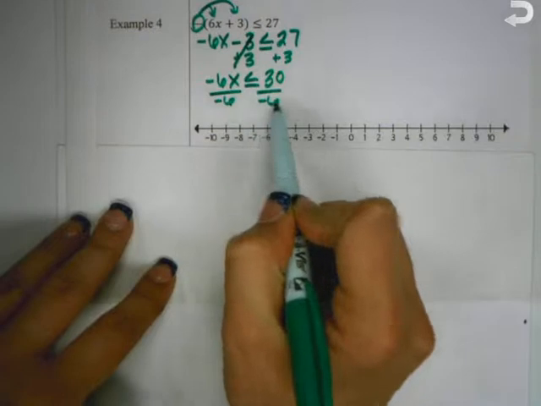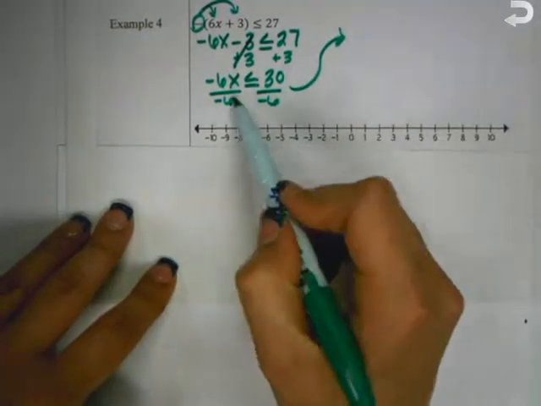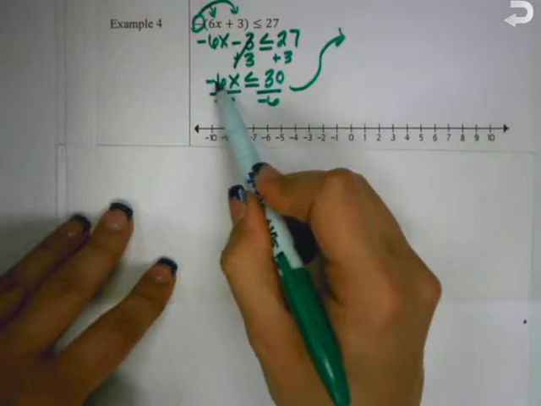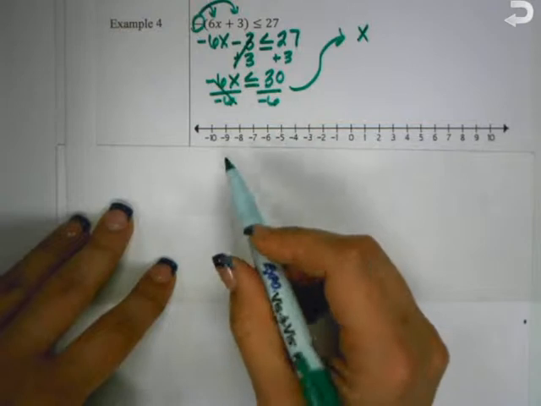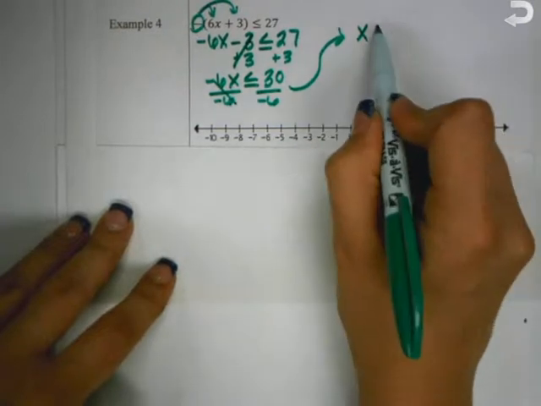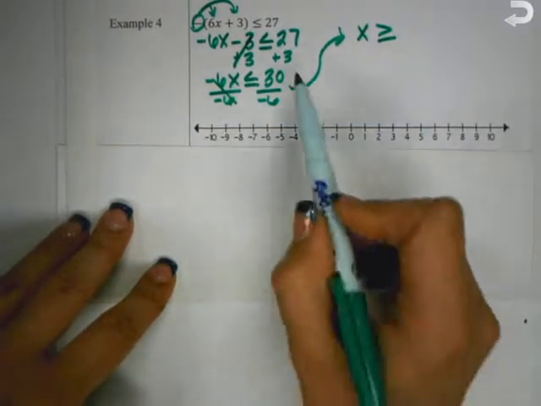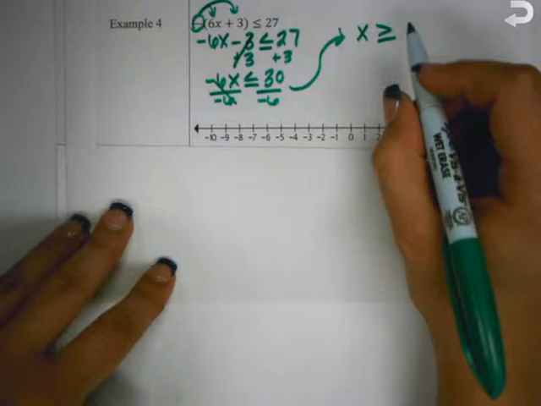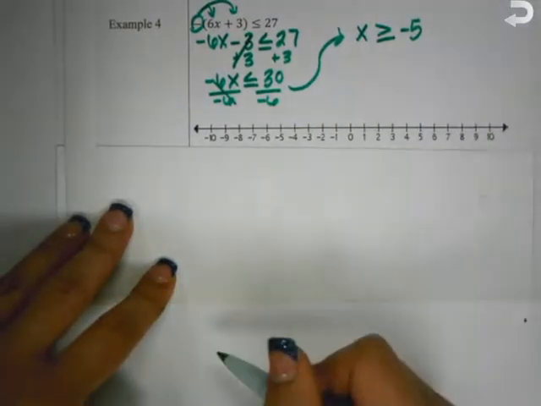So I'm just left with x. What happens when I divide by a negative? The sign flips. So now we have x greater than or equal to 30 divided by negative 6? Negative 5. So that would be my answer. X greater than or equal to negative 5.